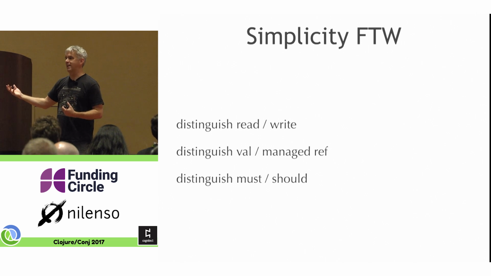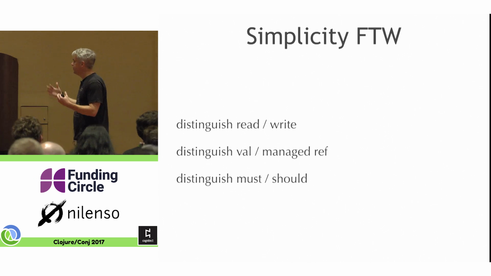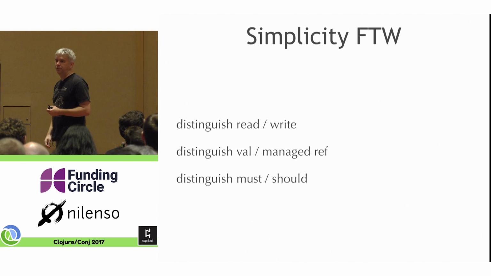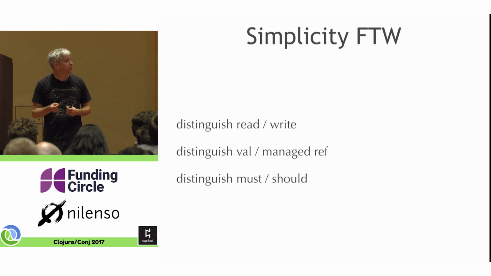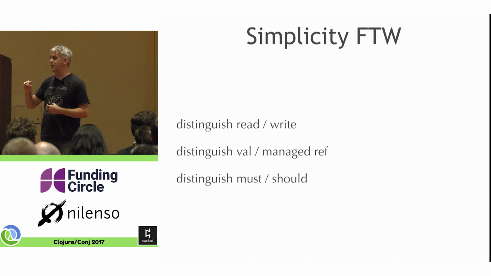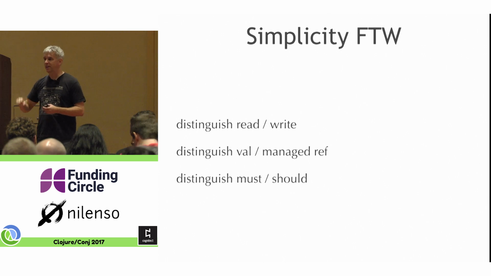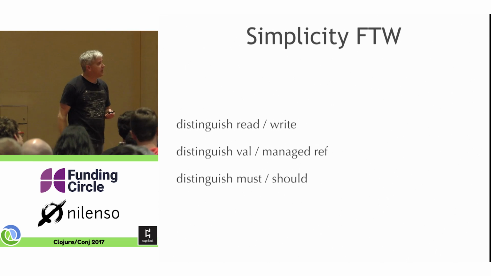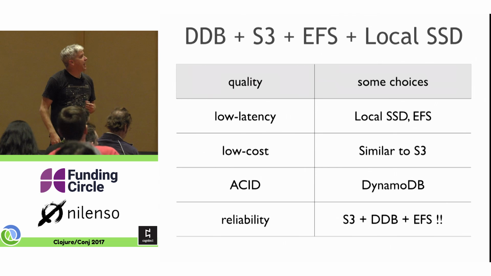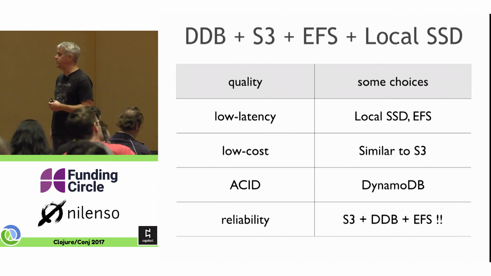Connection is, in fact, a managed ref type. So it's the same concept. And we're also going to distinguish, once we're storing things in multiple places, we're going to be super careful about the words must and should, right? Because if you know you're redundantly backed up somewhere else, your semantics may be should and not must. And once you put all these three things together, you're capable of doing something that's crazy good.